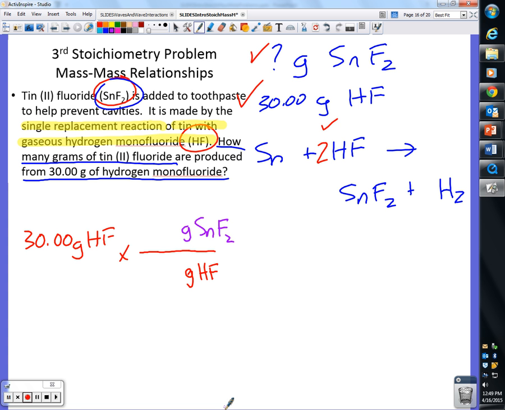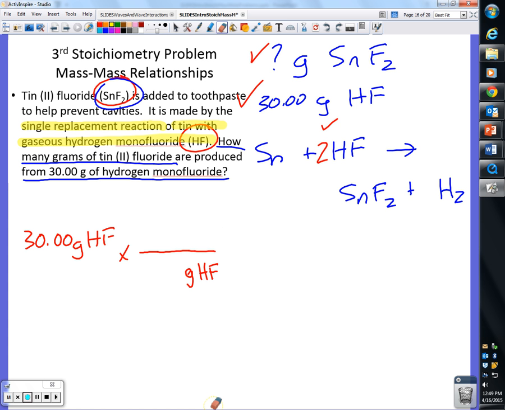But can we compare grams of something to grams of something else? No. It goes back to the question, what weighs more, a pound of rocks or a pound of feathers? They're both a pound, but that doesn't mean there's the same amount of each. So we can't do this problem in one step.